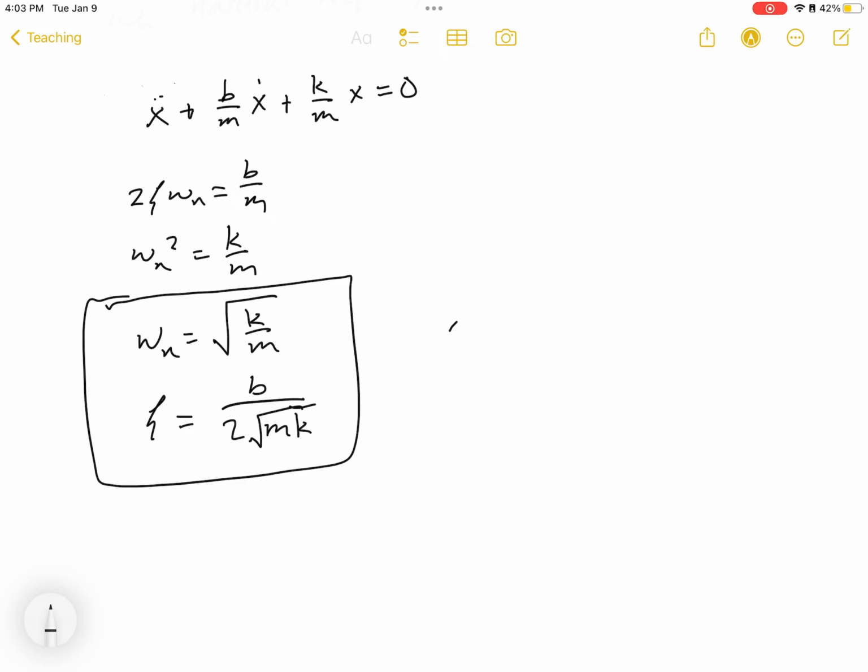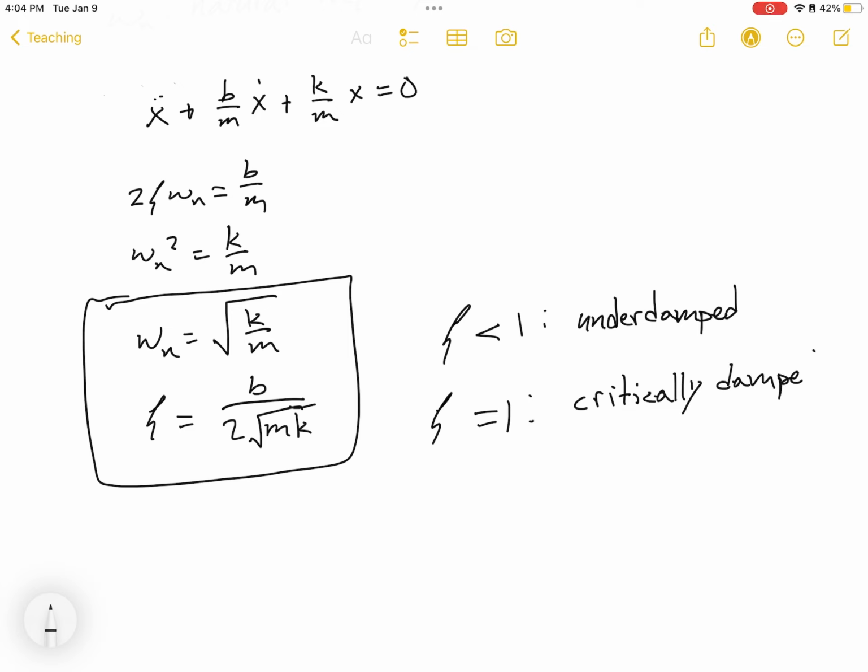So if zeta is less than 1, we call that an underdamped system. We'll talk about this more in future lectures, but I want to get this out there right now. If zeta equals 1, that is a critically damped system, and if zeta is greater than 1, that is an overdamped system.